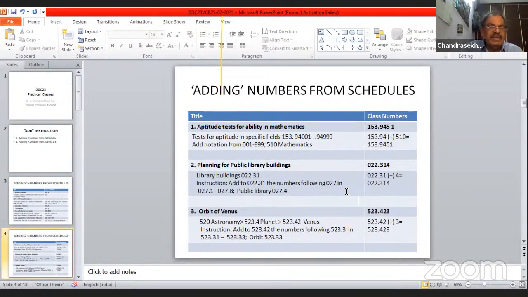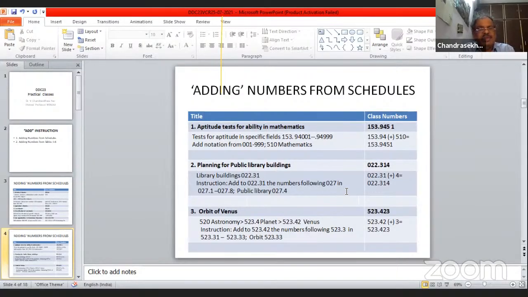Like that, you can see the next example, orbit of Venus. Venus is a planet, and planets we study in astronomy. 520 is astronomy. 500 is pure sciences, 520 is astronomy. 523.42 is Venus, the planet Venus. 523.4 is planets.